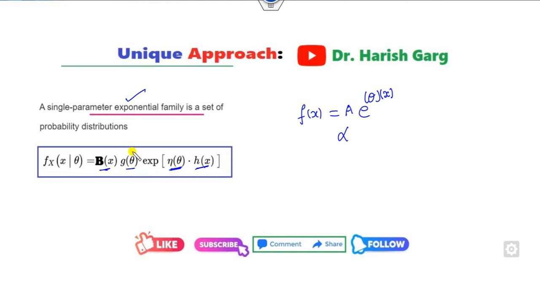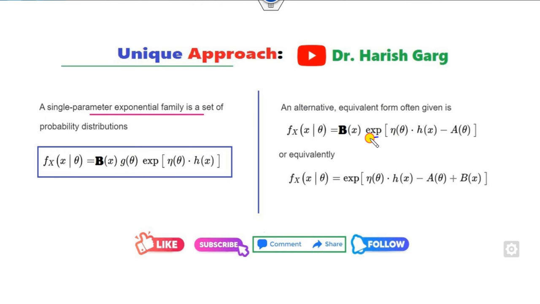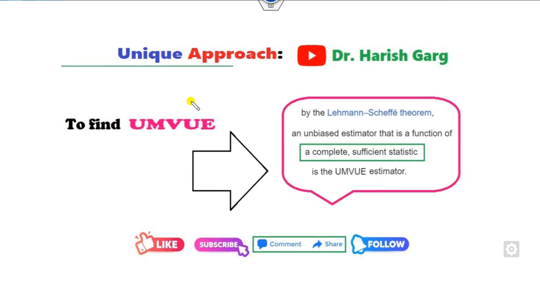One function is of x and the other of theta. So this is the exponential family. Your first target is to identify whether your given PDF is of the exponential family or not.